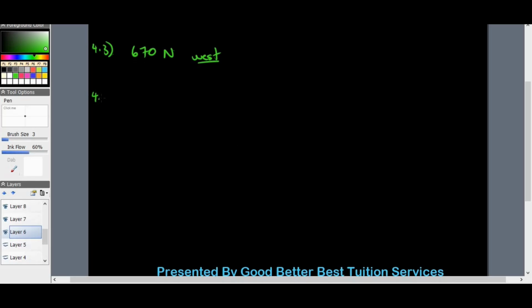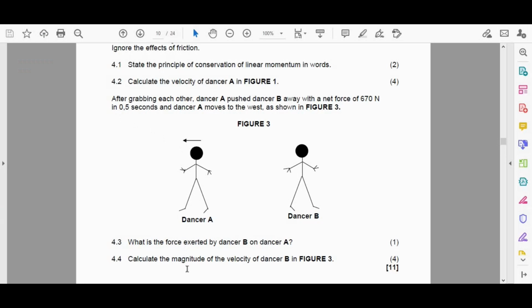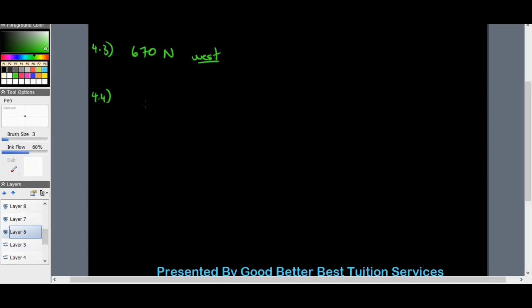And then for the final one, 4.4: calculate the magnitude of the velocity of dancer B in figure 3. This is where our formula for impulse comes in, which is F net delta t is equal to the change in momentum, which is equal to the mass of the object times (vf minus vi), because mass is the common factor.